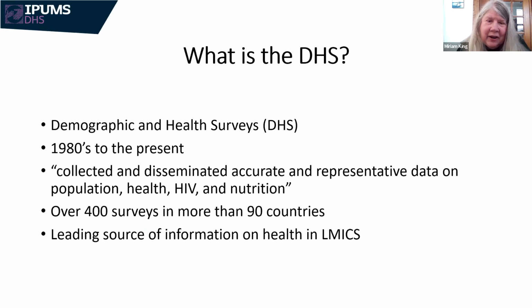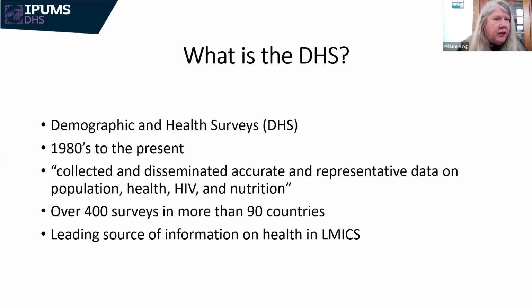And the goal of the demographic and health surveys, which are funded by USAID and managed by the DHS program, is to collect and disseminate accurate and representative data on population health, HIV, and nutrition. And the term health there is really very broad in terms of what it covers in the DHS.